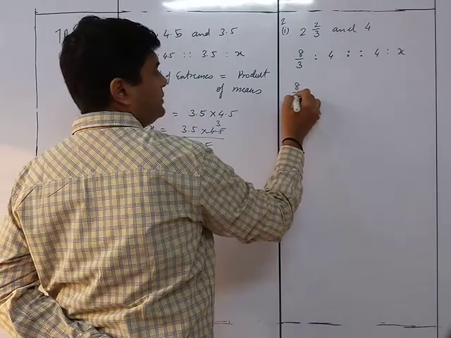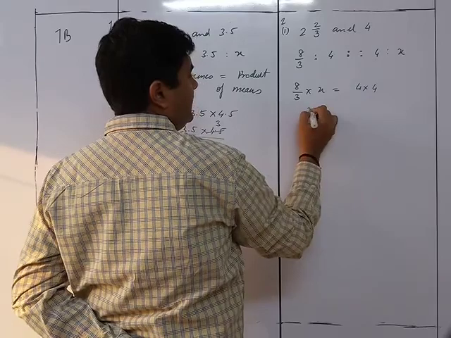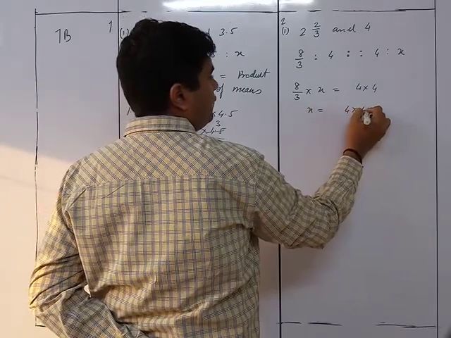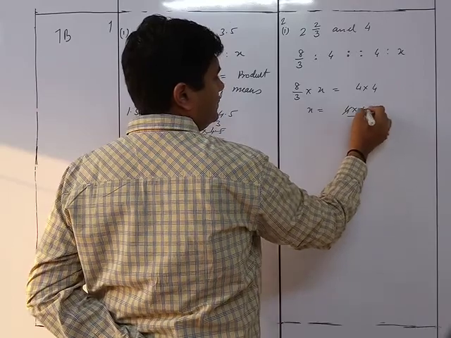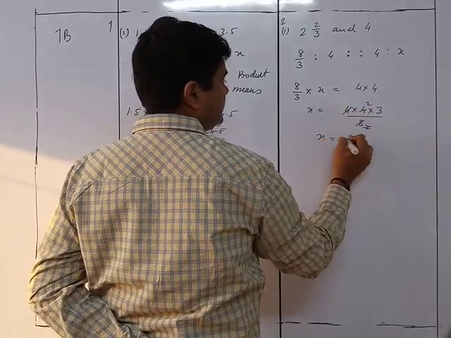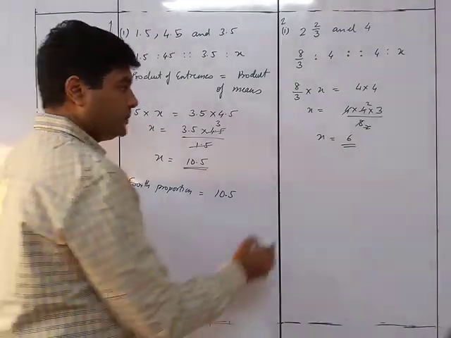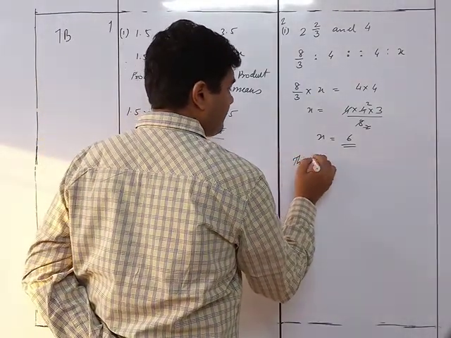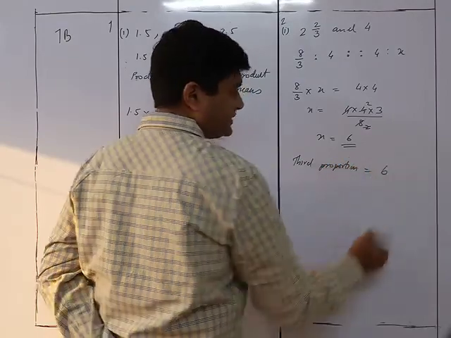So 8 upon 3 into x is equal to 4 into 4. X is equal to 4 into 4 into 3 upon 8. x is equal to 6. Okay, so the third proportion is equal to 6.